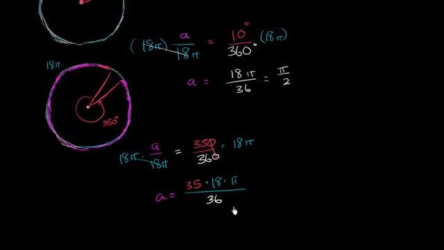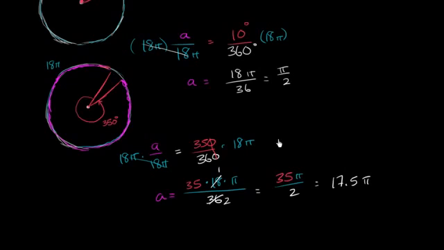Well, both 36 and 18 are divisible by 18, so let's divide them both by 18. And so we are left with 35 over 2 pi, or we could even say 35 pi over 2, or if you wanted to write it as a decimal, this would be 17.5 pi.